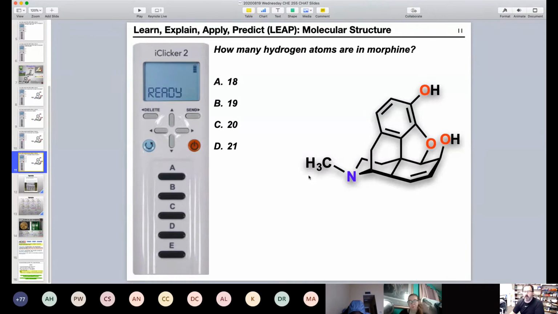Again, other than this carbon right here, we have a carbon. We see 1, 2, 3 bonds. We know that carbon has to have 4. So the implicit hydrogen is not shown, but it's there.